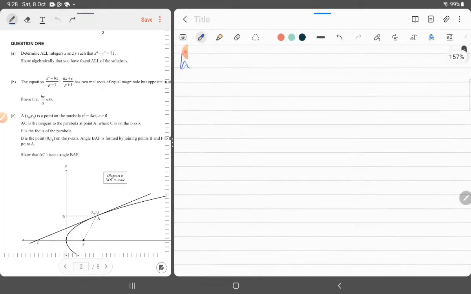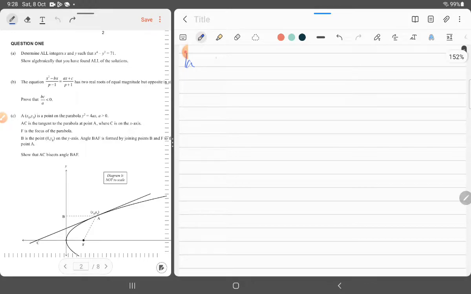So firstly, this can be factorized into x squared take away y, and x squared plus y equals 71.